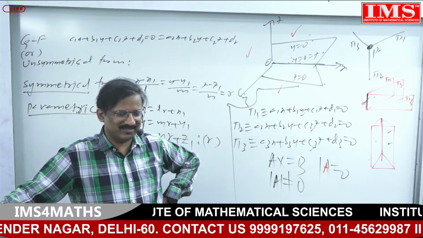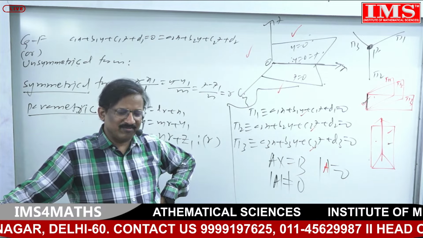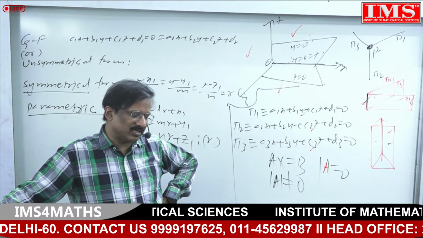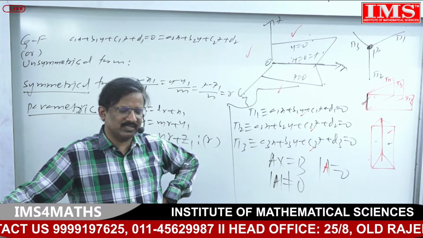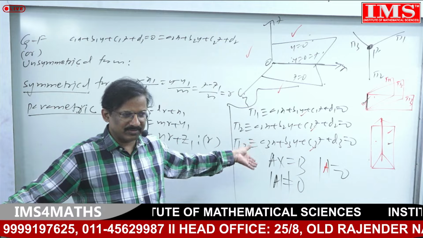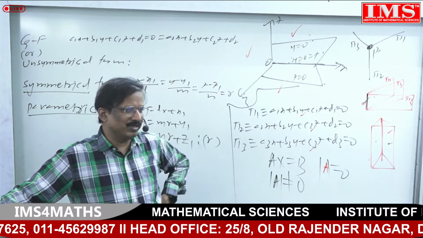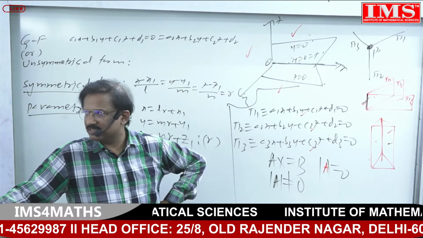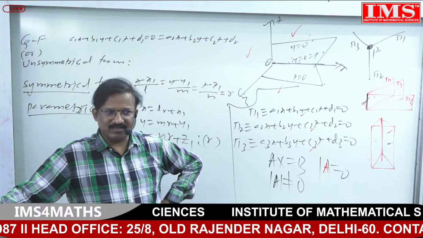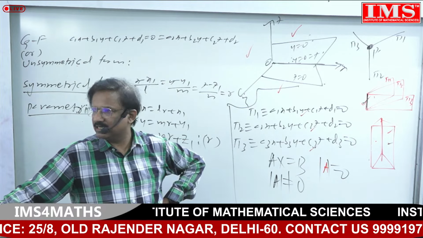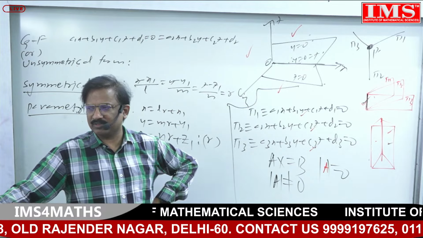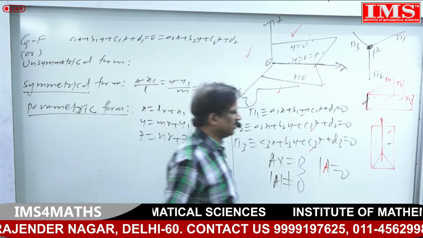If the ranks are the same but less than the number of unknowns, the system is consistent and has infinitely many solutions. If ranks are not the same, then the given system of equations is said to be inconsistent and has no solution. That way we see it, okay.